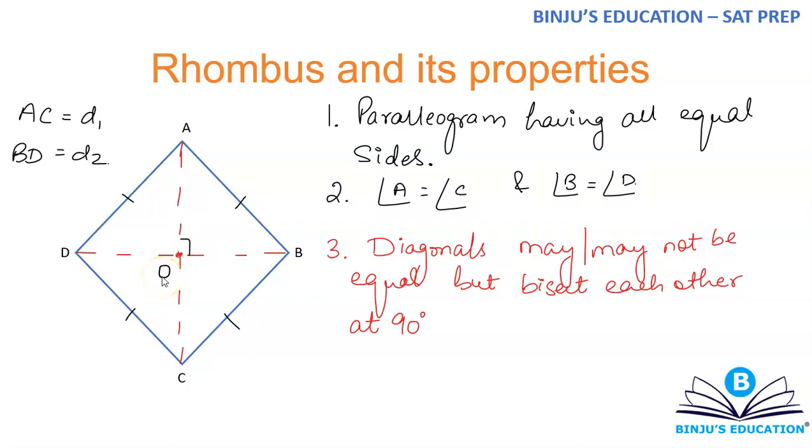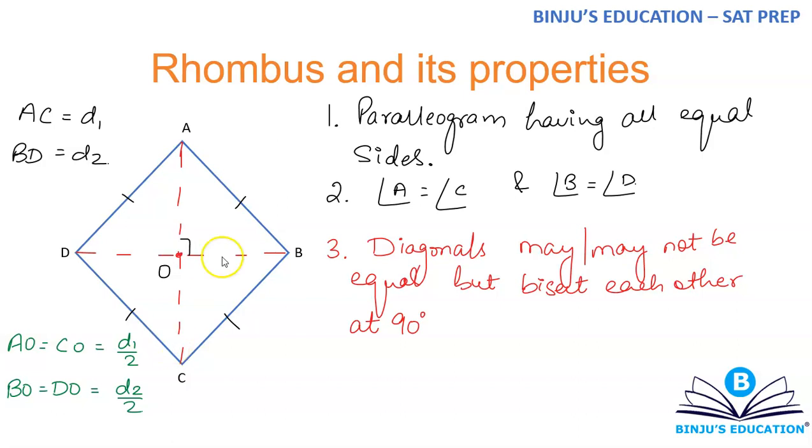They will meet at 90 degrees. Also, since the diagonals are bisecting each other, AO is equal to CO and BO is equal to DO. Since AC is equal to D1, AO is equal to CO will be D1 by 2 and BO is equal to DO will be equal to D2 by 2.